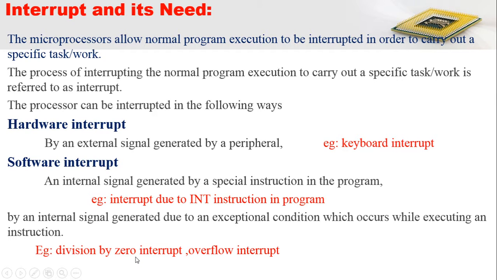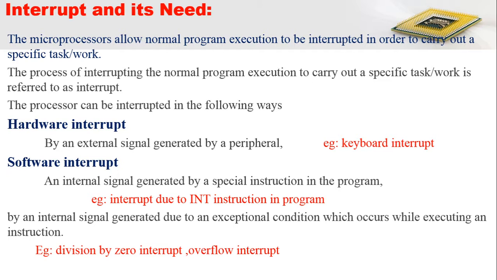One more case relating to the software interrupt is that while executing certain instructions, like in the case of looping, it may generate an exception in our program. Such exceptional conditions may generate a software or internal interrupt.